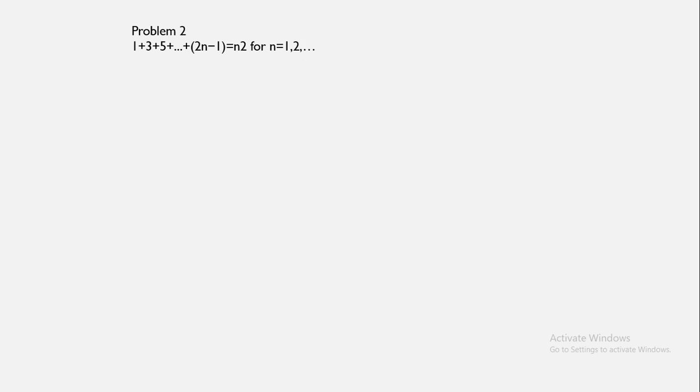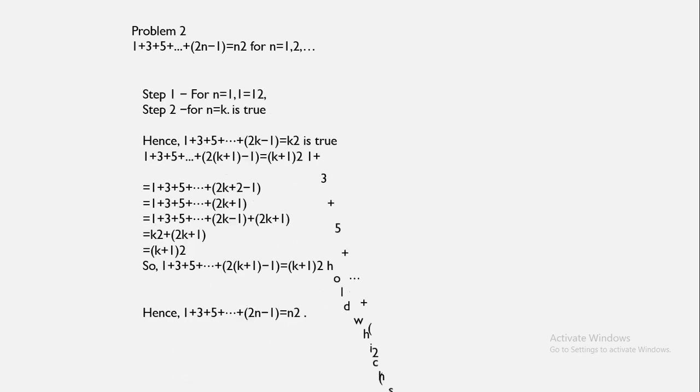Okay, problem 2: 1 plus 3 plus 5 up to 2n minus 1 equals n^2 for n equals 1, 2. Start with step 1: for n equals 1, 1 equals 1^2, so the step is satisfied.